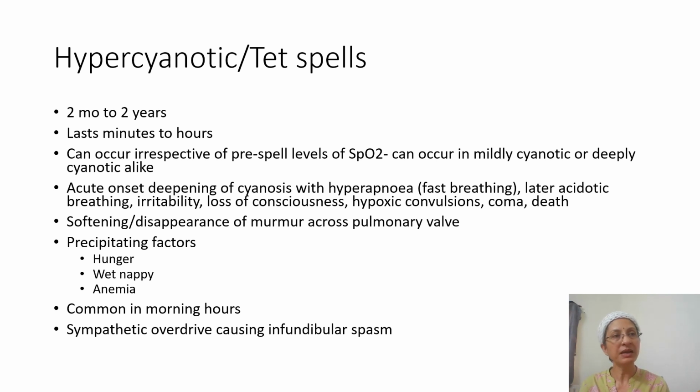The infundibulum is the first part of the right ventricular outflow tract, and when it constricts, there is resistance to the blood passing through it from the right ventricle. Due to increased RVOT obstruction, more and more deoxygenated blood will go into the aorta where there is no obstruction, and this will result in increased cyanosis. At the same time, there will be fast breathing. We'll be coming to the algorithm shortly, how this occurs.